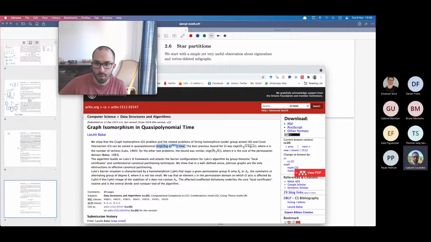This is exp of log n raised to a constant. This was a huge breakthrough in 2015. The original submission had a mistake, the second was corrected, and this is a huge result.